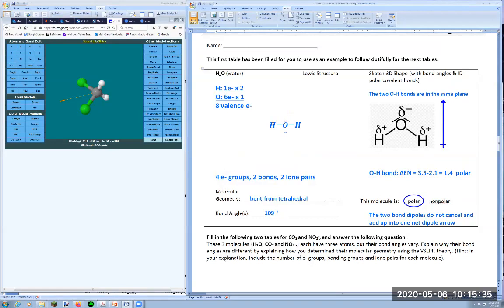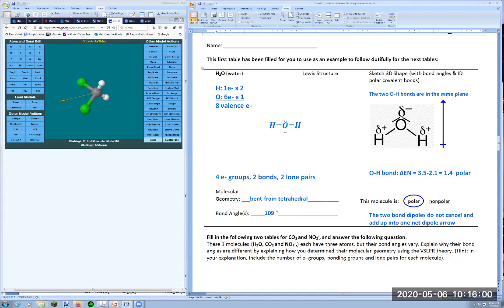So the table for water is done. And what I expect is, first, you will give your total number of valence electrons. So I like to see the details. So you show, for example, for water, hydrogen brings 1 electron. And so the way to know the number of valence electrons that atom brings, you look at the periodic table and the group number.